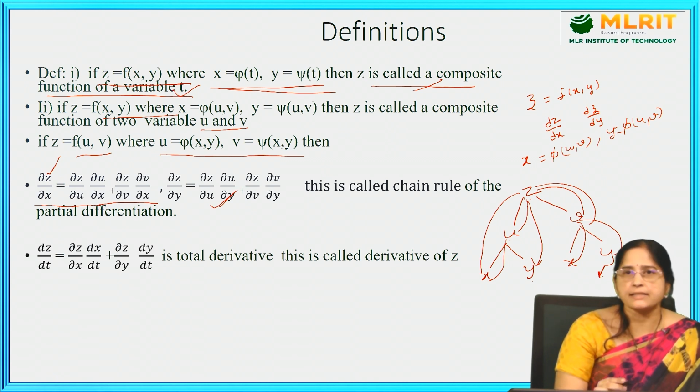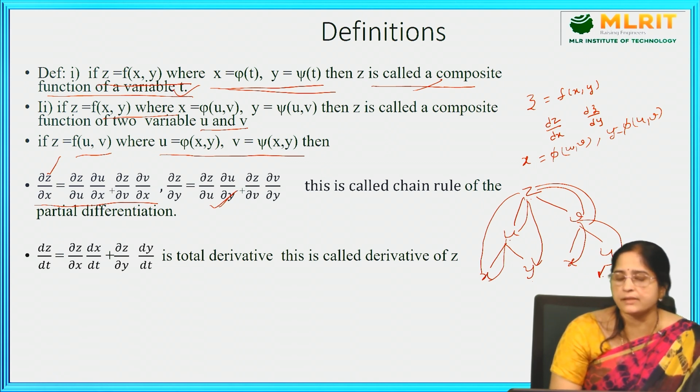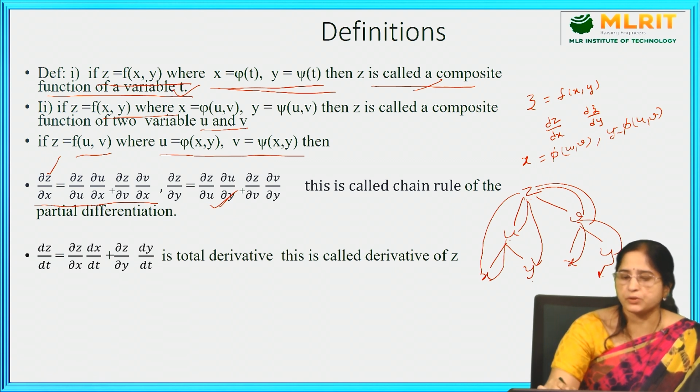We can extend this to a function of three variables also. Suppose z is a function of u, v, w, where u, v, w are functions of x, y, z.